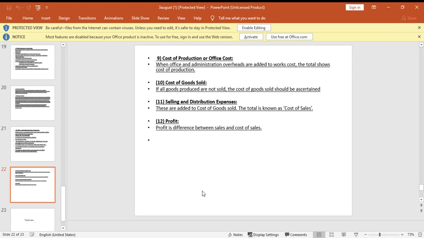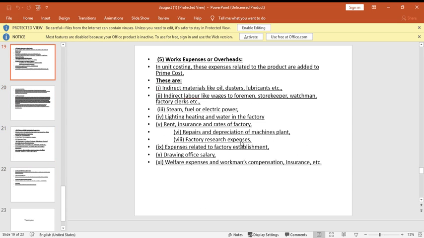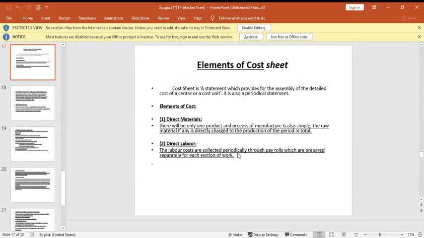Selling and distribution expenses are added to the cost of goods sold. The total is known as cost of sales. And the last one is profit. Profit is the difference between the sales and cost of sales. So this is about the elements of the cost sheet we have done.